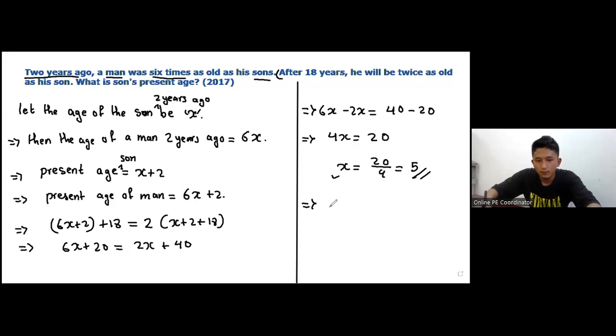Present age of son equals x plus 2, which is equal to the value of x. We have got it as 5, so 5 plus 2 is equal to 7. So it is 7 years old.